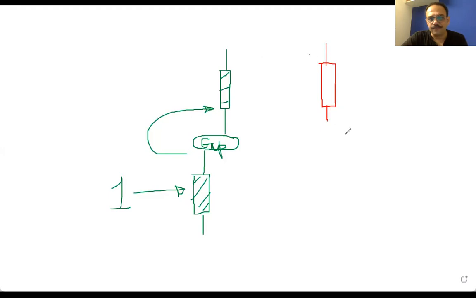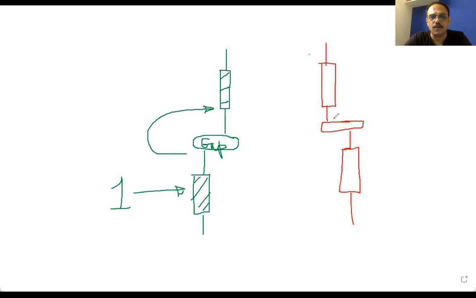Next day the candle is formed like this, and there is a gap between this low and this high. So any gap between high and low is called a gap in Japanese. Don't take it as an opening gap and don't get confused with that. It's purely the lowest tip versus the highest tip that is the gap.